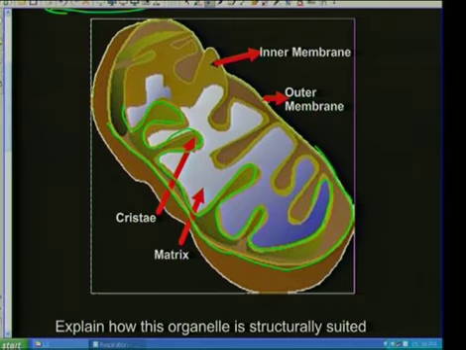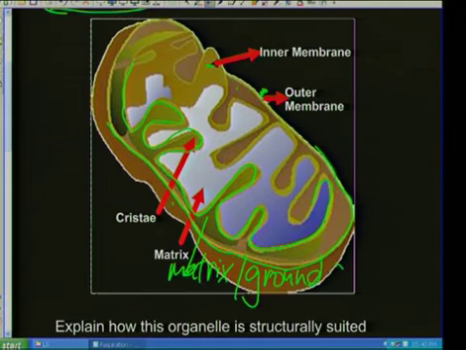That's the inner membrane. This area there is called the matrix. Or they call it sometimes the ground substance.